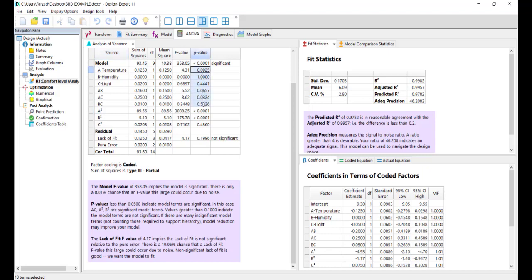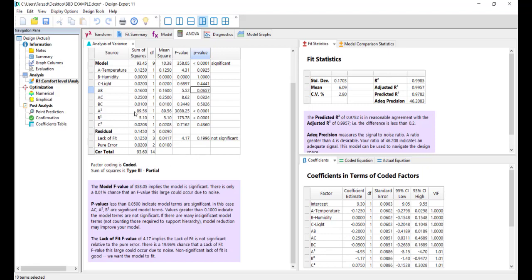Then you can come to this table and understand which of these terms are significant or not. For example, here you can see that humidity is not a significant factor on the comfort level. However, the combination of temperature and humidity, AB, is a marginally significant term in our equation.